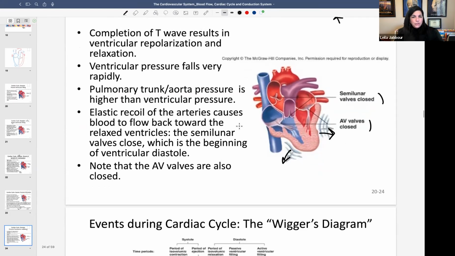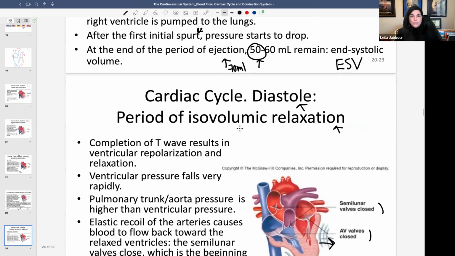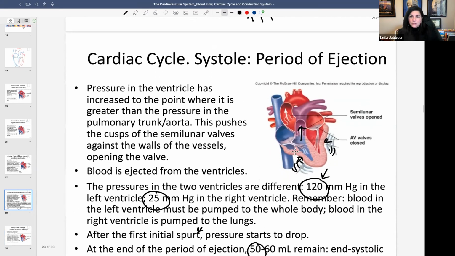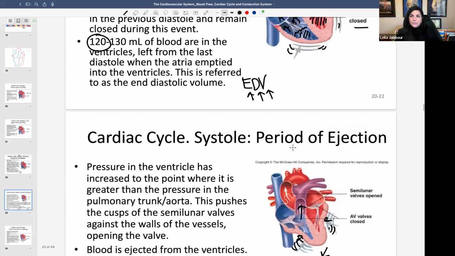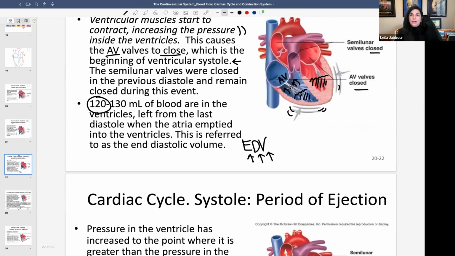So I did forget to mention that every time a valve closes, I talked about the AV valves shutting closed at the beginning of ventricular systole.